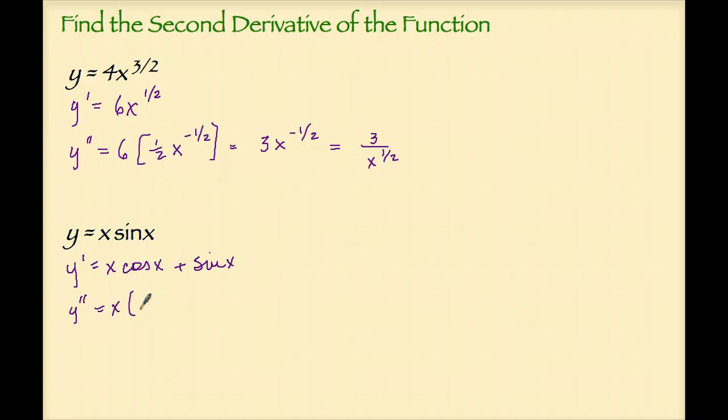The derivative of cosine is negative sine x, plus the second, cosine of x, times the derivative of x, which once again is just 1, plus the derivative of sine, which is cosine x. Therefore, to simplify, this becomes negative x sine x plus 2 cosine x.